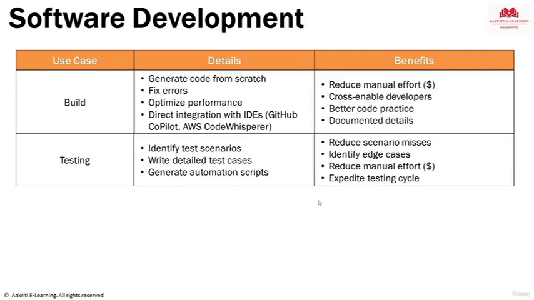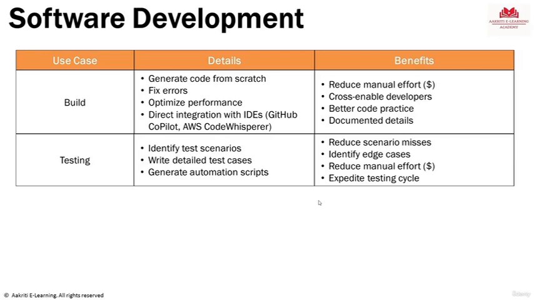Testing usually comes after build, and by the time we get to that phase, a lot of time has elapsed. There is a lot of pressure to release the product, and testing usually becomes a time-boxed activity, and it's, let's get results quickly, why are we not testing this, why are we not doing that, those sort of things, right? So there are often misses in identifying testing scenarios, there is defect leakage, all those sort of things.